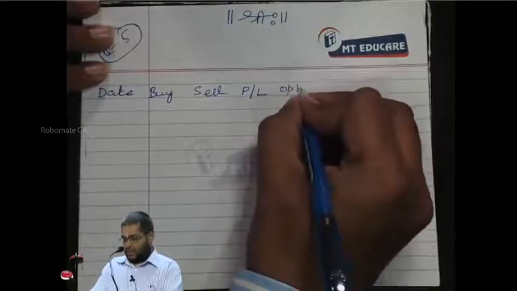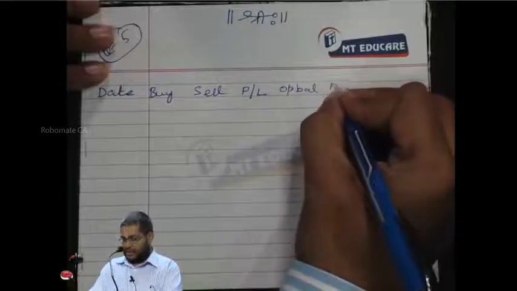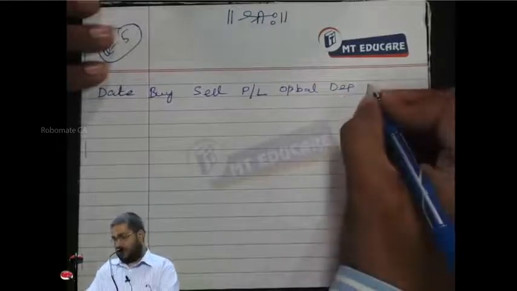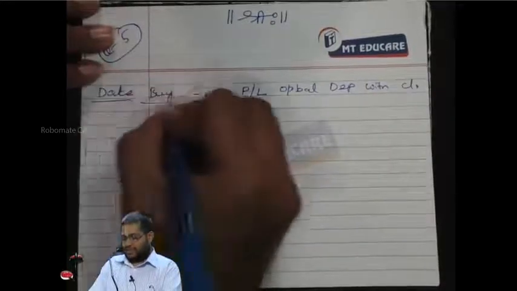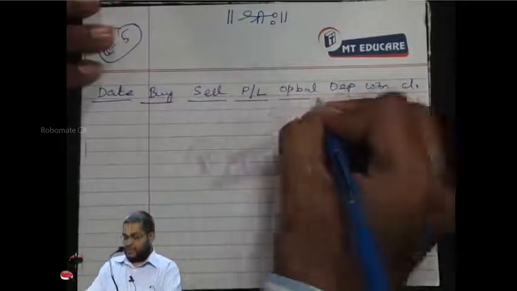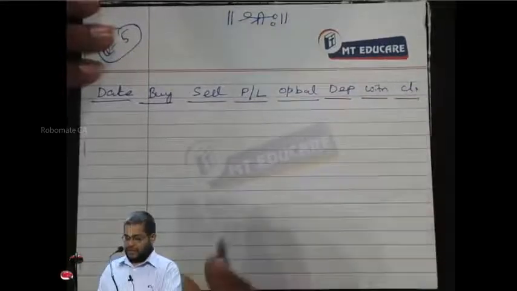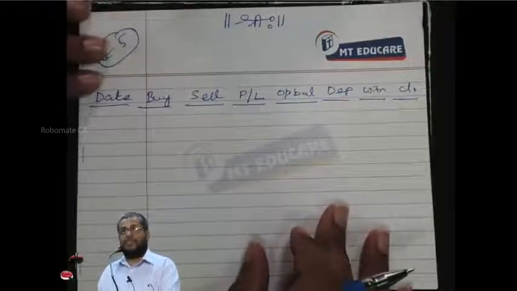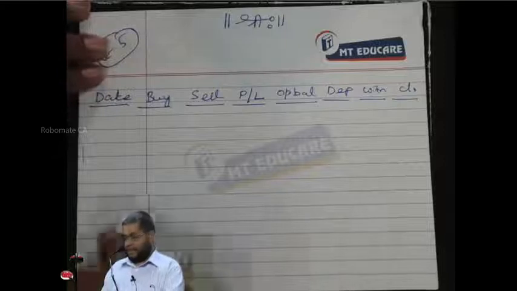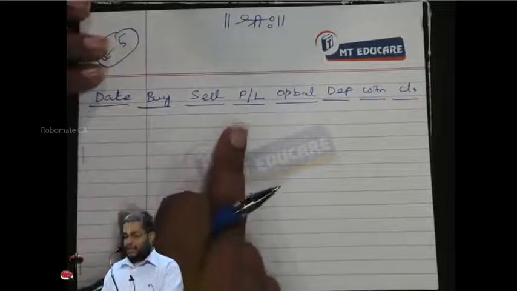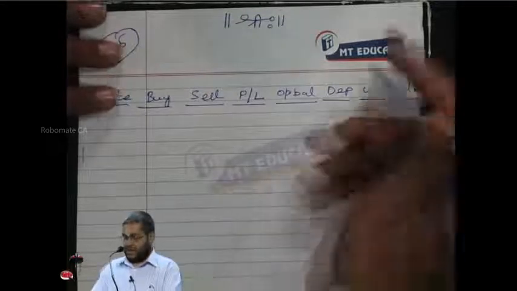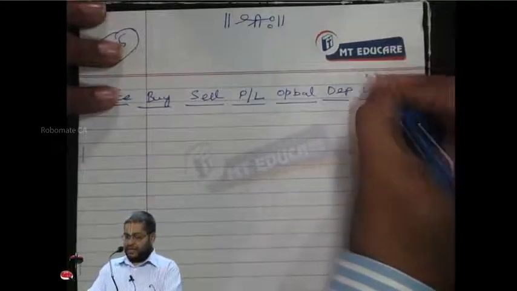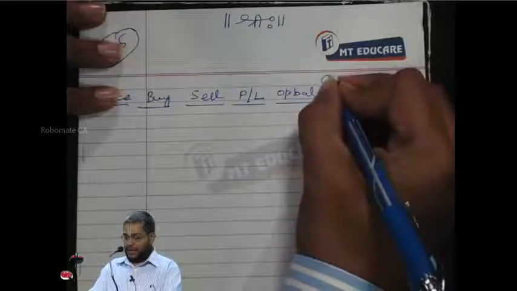And we have opening balance, deposit, withdrawal, closing balance. Date, buy, sell, profit or loss, opening balance, deposit, withdrawal and then closing balance. Withdrawal, if you want, deposit if you want; in bracket write VM.